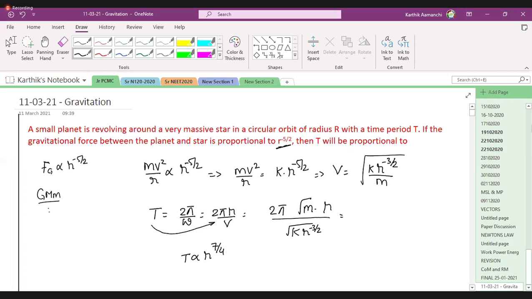GMm divided by r squared is directly proportional to r power minus 5 by 2. So GMm is directly proportional to r power, this goes to that side. How much is it? Minus 1 by 2. Yes, sir. Minus 1. How do you get your time period?